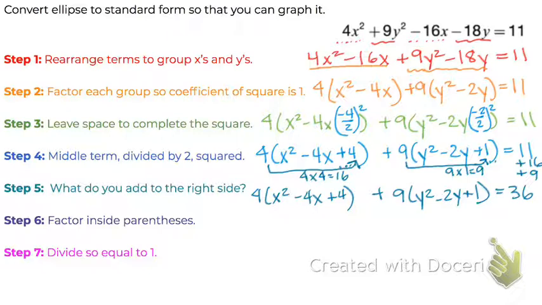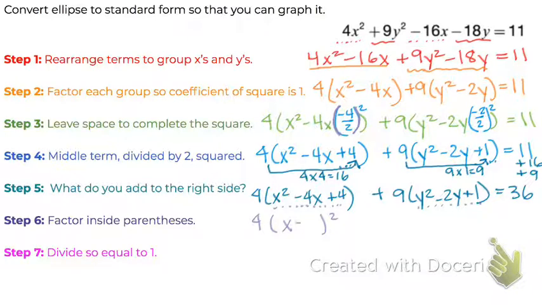Now that we've completed the square, we can factor what is inside of the parentheses. Now, if you want to look at that and think, okay, I'm going to factor it using whatever method you want, I'm going to tell you a little shortcut here. This is going to be x, and this is going to be something squared. If you look back up at step number 3, whatever it was here, when you divide it by 2, negative 4 divided by 2 is negative 2.